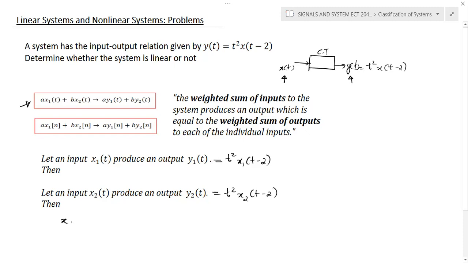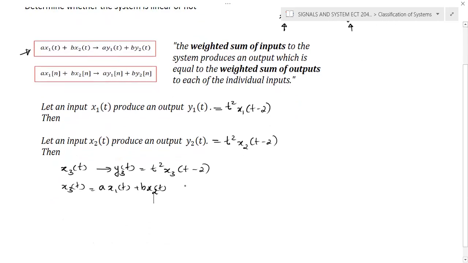Similarly, you can consider the third input, which is x3 of t, and the x3 of t produces an output y3 of t, and this y3 of t can be written as t square into x3 of t minus 2. And this x3 of t is a special type of input, which is the linear combination of the first two inputs. So you can write a x1 of t plus b x2 of t. And you can substitute this x3 of t in the previous equation. So we can write y3 of t like this.